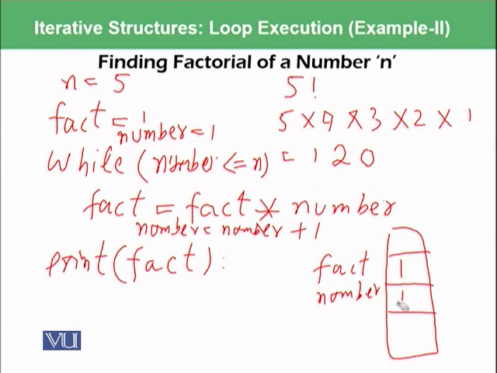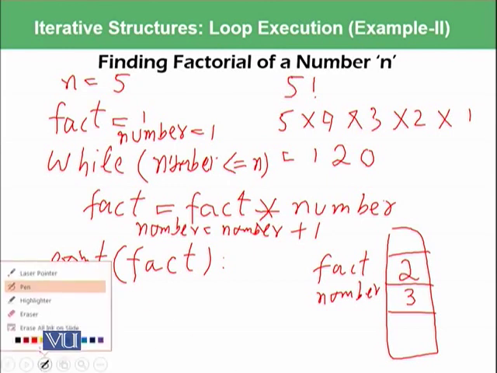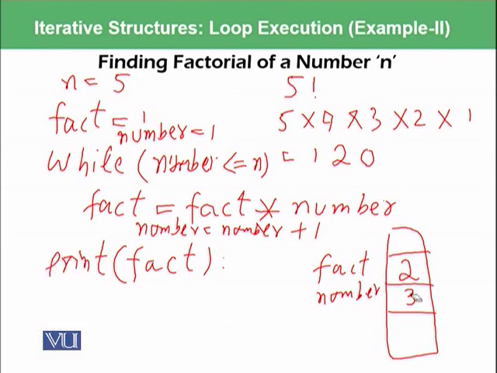So let's do it over here. At that time the fact will be 2 and number will be pointing to 3, and then 3 multiplied by 2, 6, would be stored in the fact and number will be incremented further.